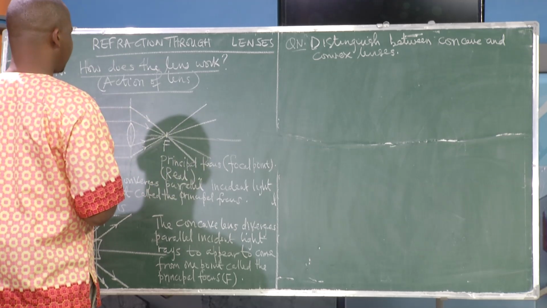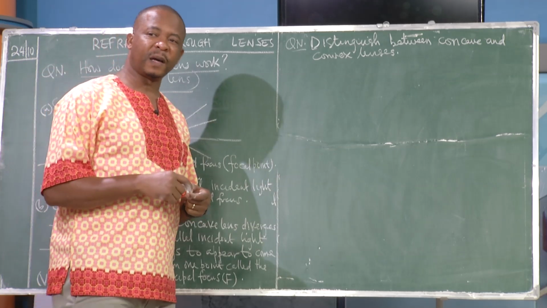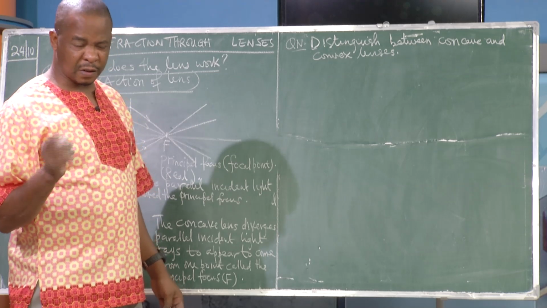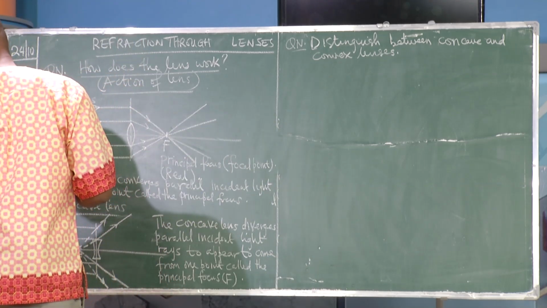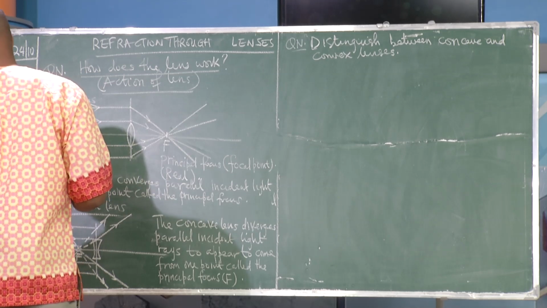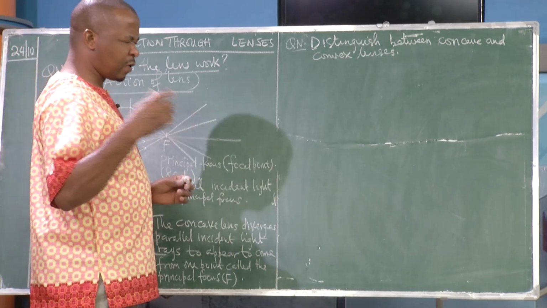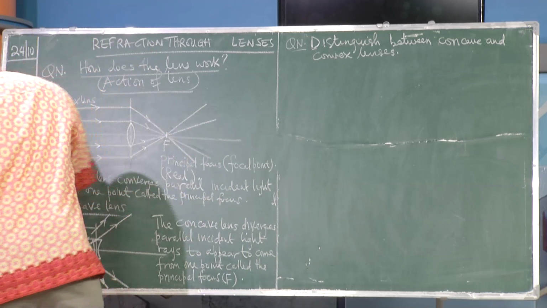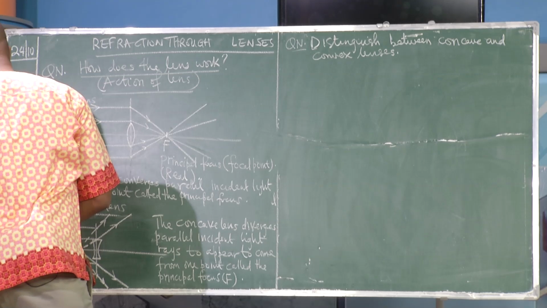And we saw that it is from that arrangement that we can get an expression for the deviation of a small angle prism, which we looked at in our last discussion. And therefore it implies that the deviation of light is as a result of deviation that is caused by a prism at the point of incidence.